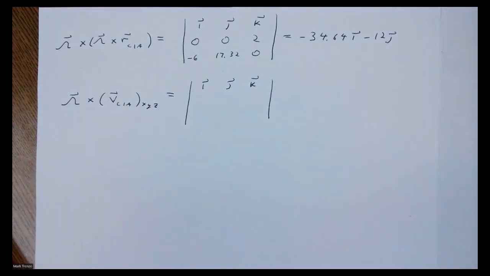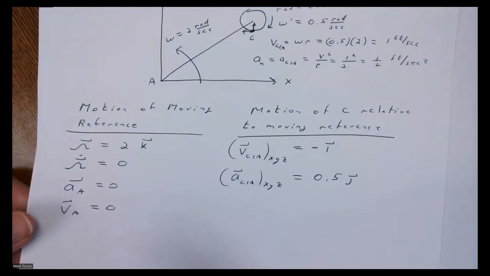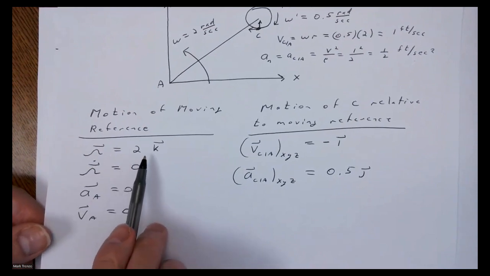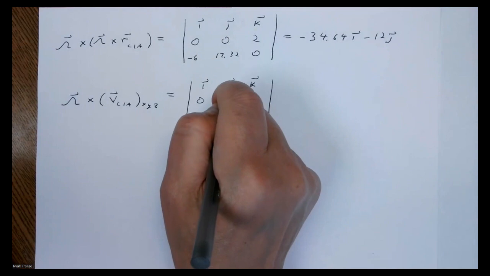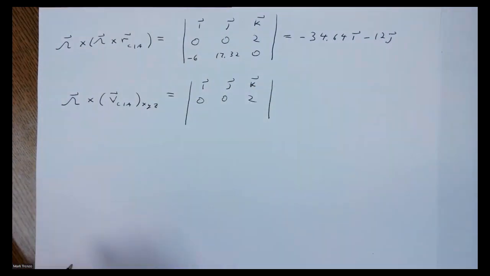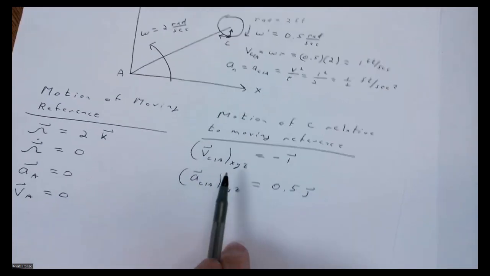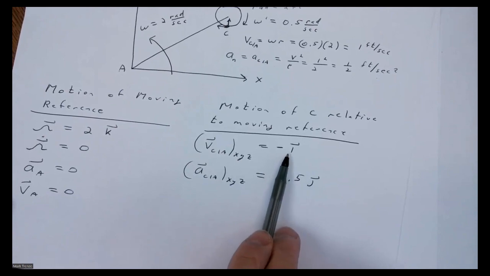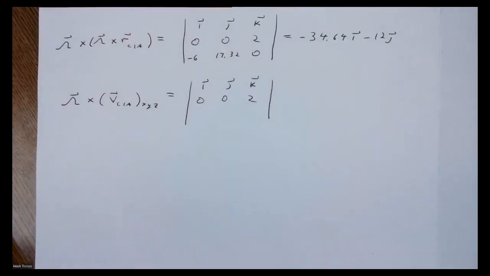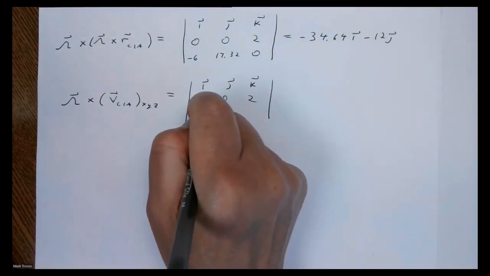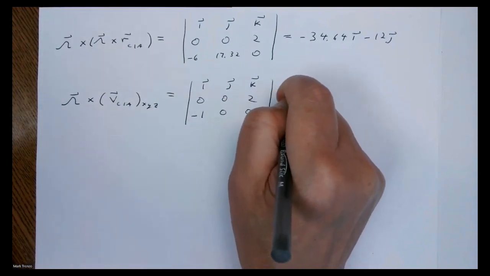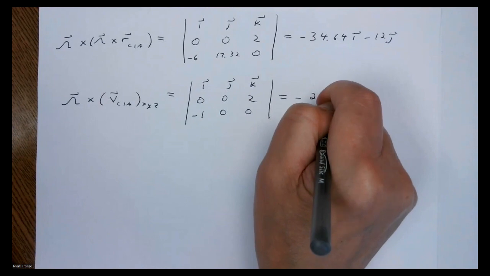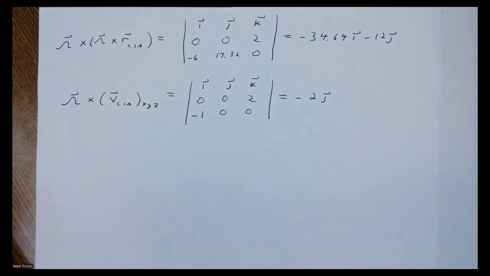And we get all that stuff from our front page. That was 2K, and VCA was negative I. And when you calculate those, you end up with negative 2J.